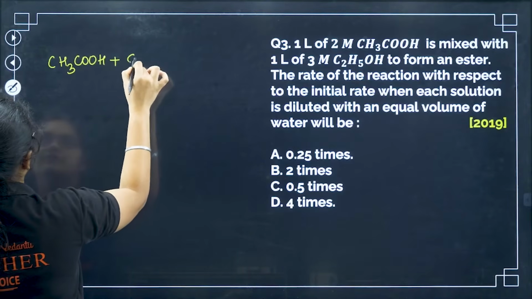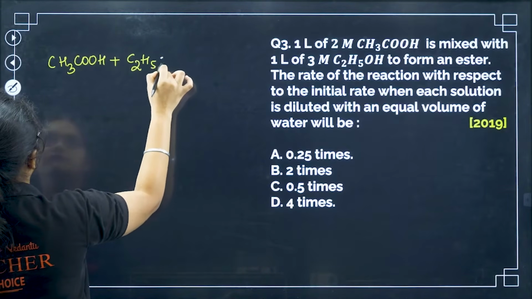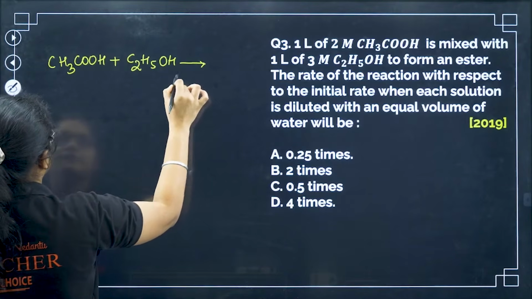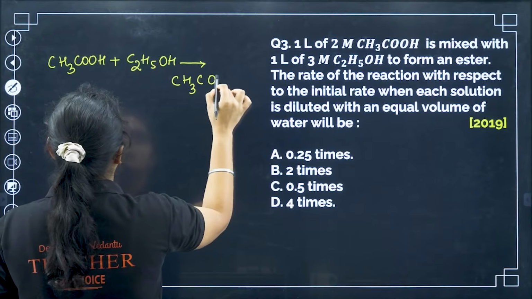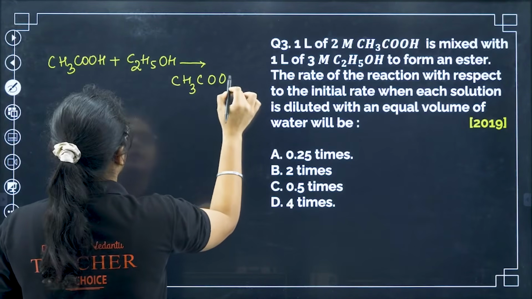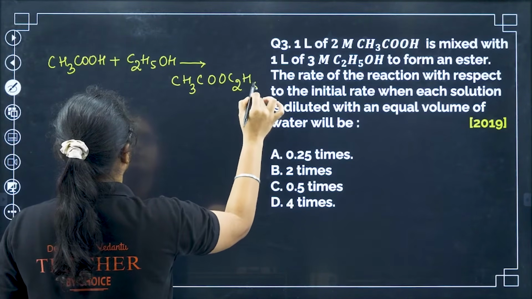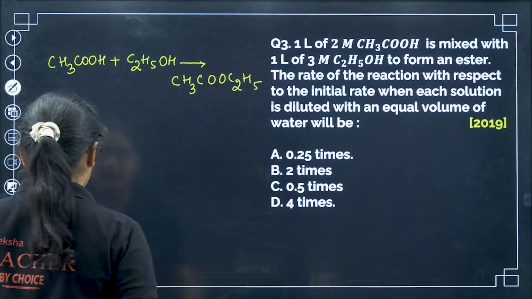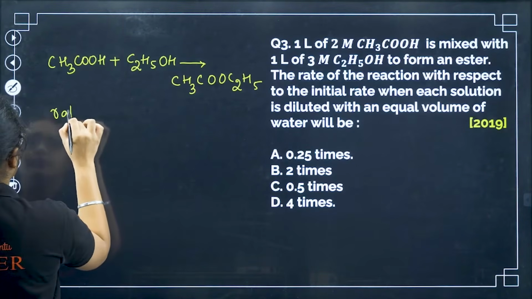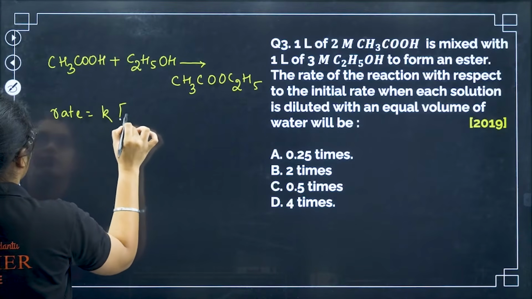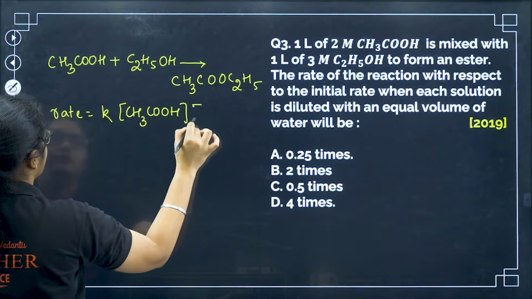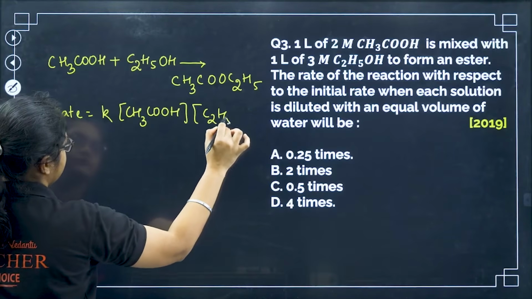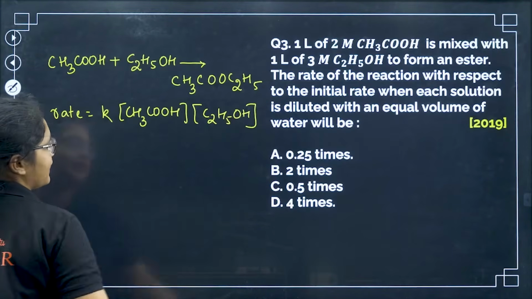CH3COOH plus C2H5OH gives CH3COOC2H5. So what is the rate here? Rate is equal to K into concentration of CH3COOH into concentration of C2H5OH, that is there.